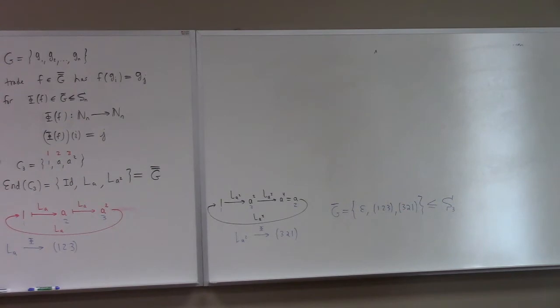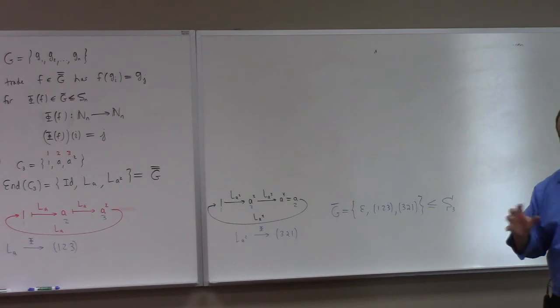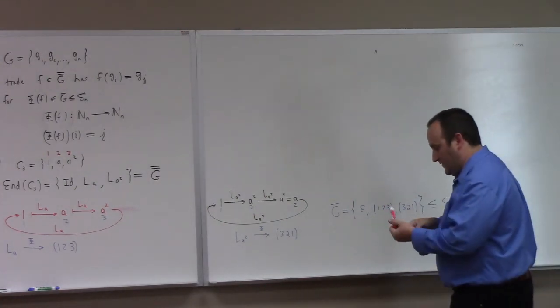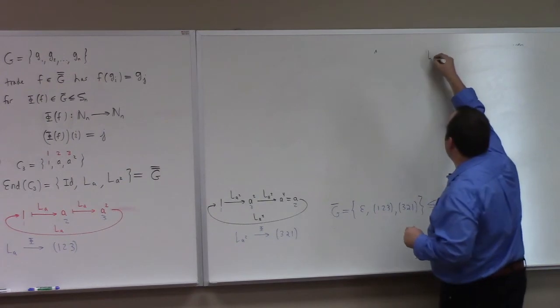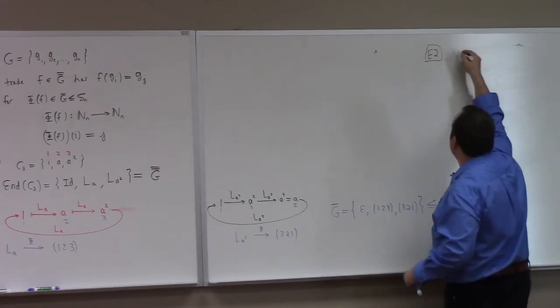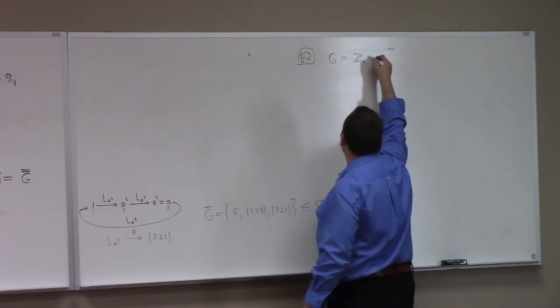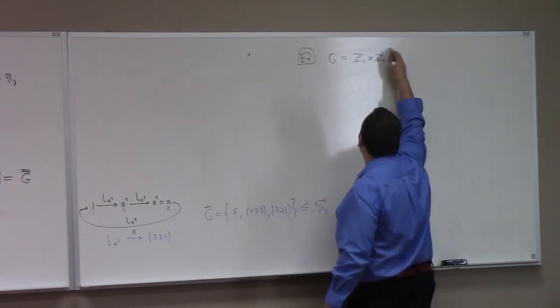I want to make sure I work an example that has more than this, which has 2 cycles in it, but they're kind of the same cycle in the sense that they involve the same group elements. I think it's good to look at at least one more example, and then I'll take your questions. I thought this is a nice group to look at. It's pretty small, but it's got some nice structure, Z2 cross Z2, right?